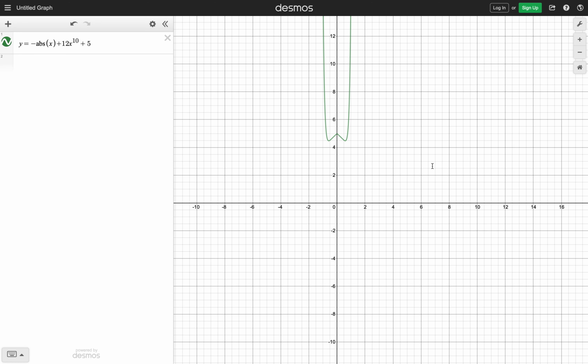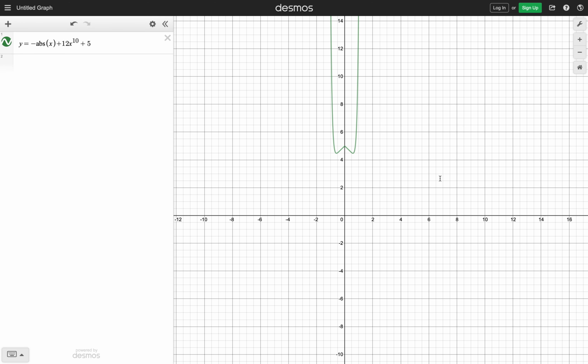If you notice with this graph, you're going to have symmetry with respect to the y-axis. On opposite sides of the y-axis, both halves are equidistant from the y-axis, and you're going to have them at the same level.